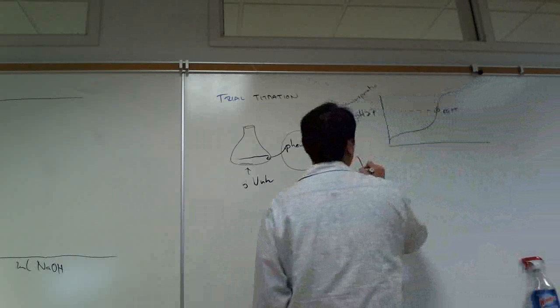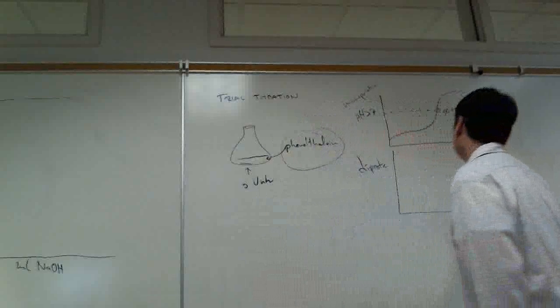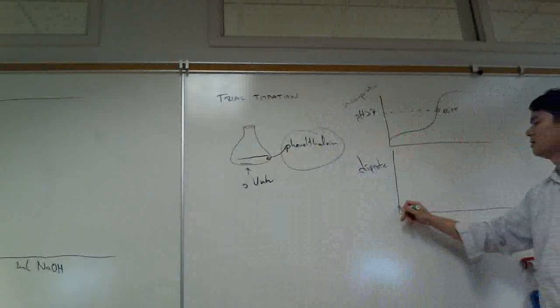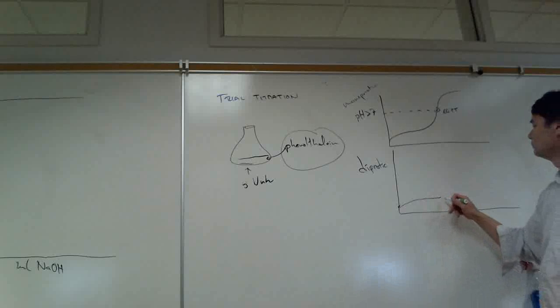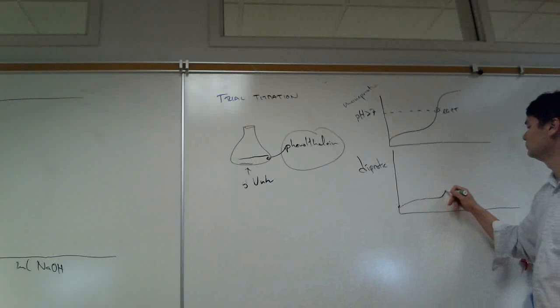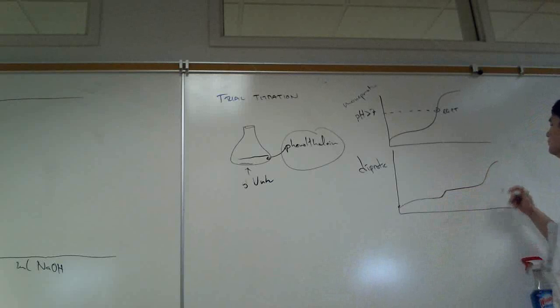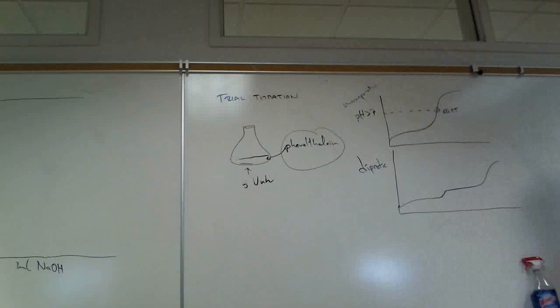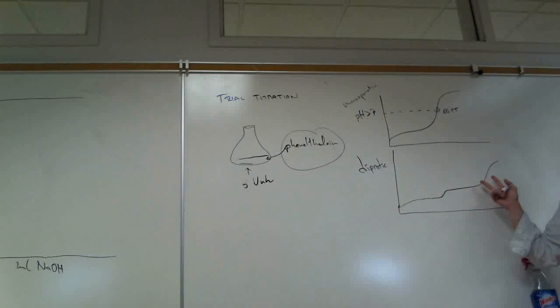But what about a diprotic? For diprotic, there are two equivalence points. Let me just spread it out a little bit. The first equivalence point is less pronounced than the second equivalence point, typically.